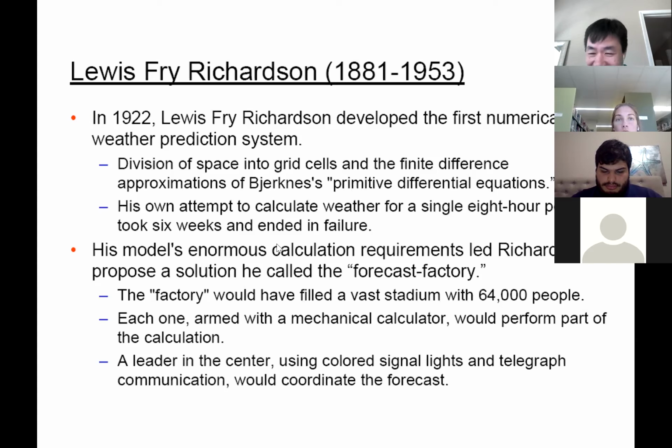After the 6 weeks, the 8 hours had already passed, way past, right? So you can actually compare your result to whatever happened in those 8 hours. It was a total failure. The first attempt ended up a total failure. It was wrong, because so many calculations are related to each other.